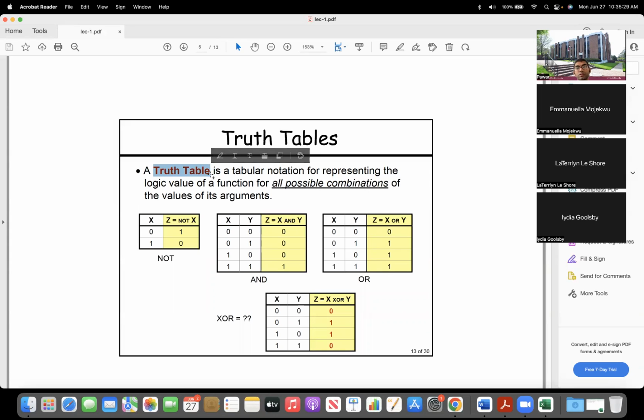As the name suggests, it's a truth. So it would be the truth if you have these two variables, x with these values and y with these values, then this is the truth. And that's the universal thing which you should be observing. If x is a voltage in a circuit diagram and y is another voltage, then these are the outputs you will get for these two input voltages.